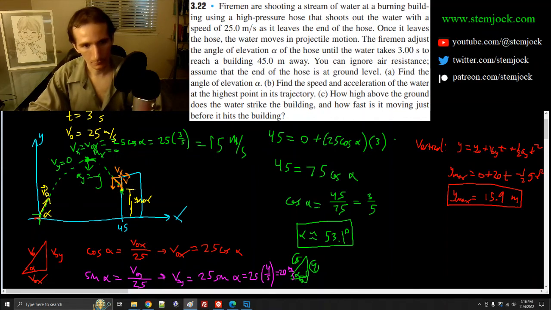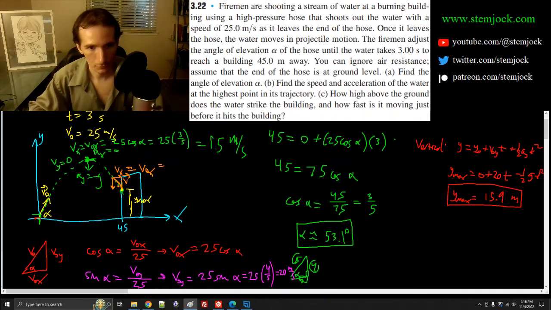As I said before, there's no acceleration in the x direction, so Vx is going to be V0x, the same as it was initially, and the same as it was at the top of the parabola. V0x is going to be 25 cosine alpha, which is 15 meters per second.